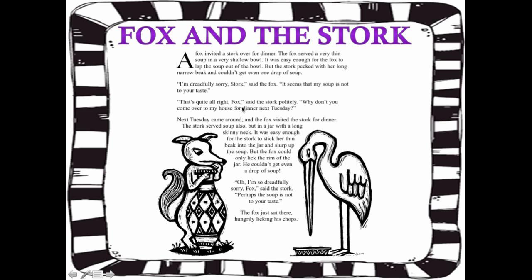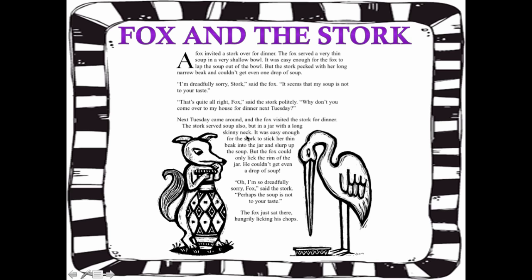"That's quite all right, Fox," said the stork politely. "Why don't you come over to my house for dinner next Tuesday?" Next Tuesday came around, and the fox visited the stork for dinner. The stork served soup also, but in a jar with a very long, skinny neck. Look at this jar.